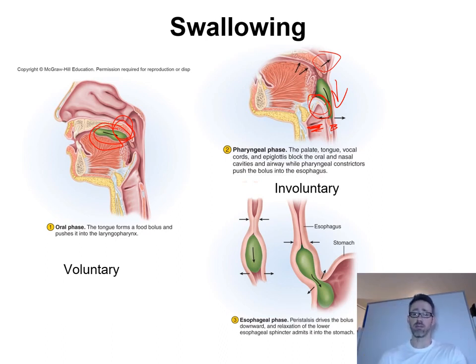Now, that's not the only mechanism for closing off the airway, because that would actually be insufficient. At the same time, laryngeal muscles pull up on the larynx, which contains your voice box and is proximal to the trachea. If you swallow, you'll notice that your Adam's apple, so to speak, which is really just part of your larynx, rises as you swallow.